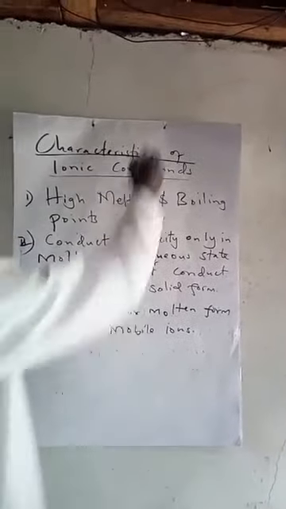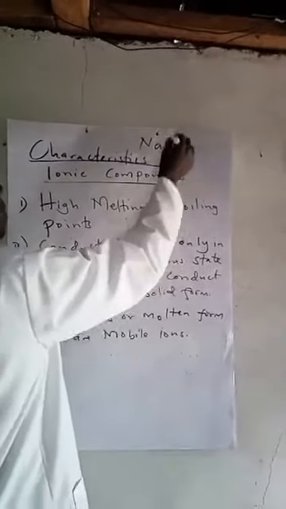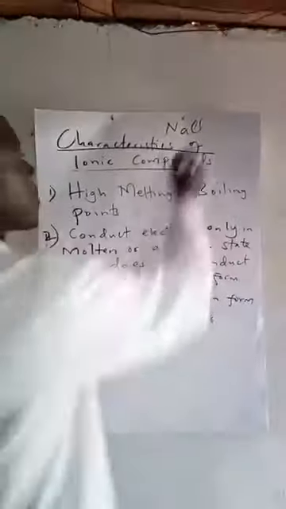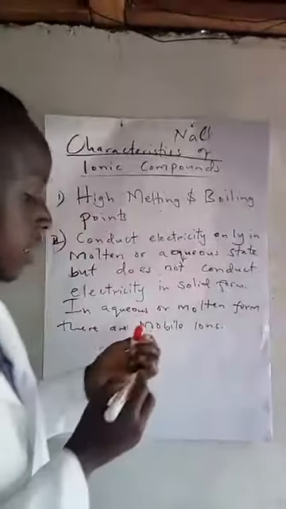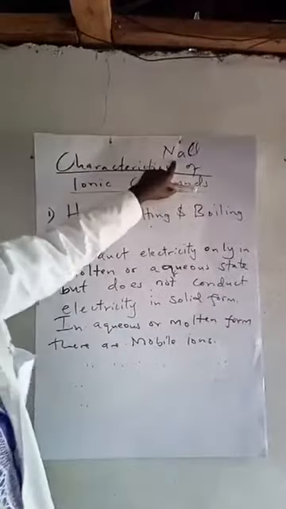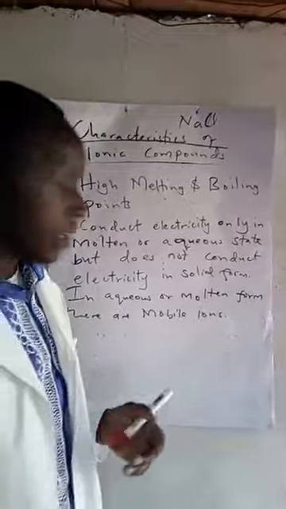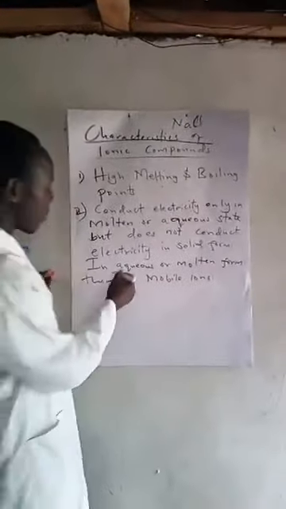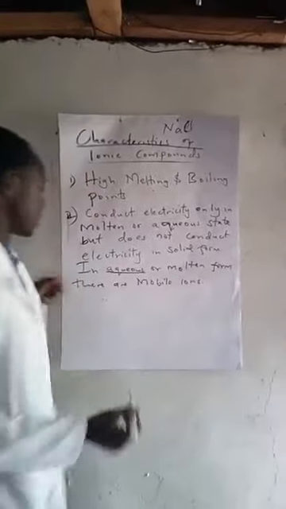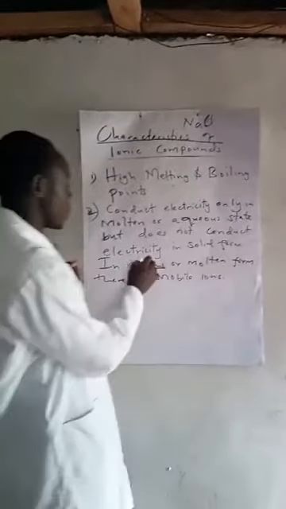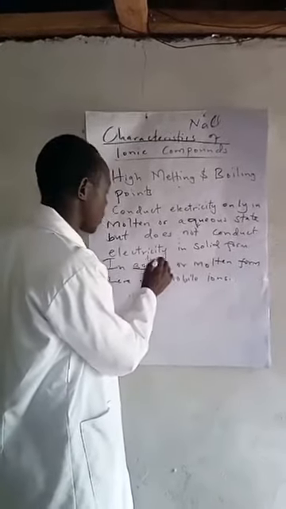For example, we've talked about sodium chloride. Sodium chloride is crystalline in nature. Because it is crystalline, in solid form, there are no mobile ions. But when it is dissolved, that is the aqueous state, when it is dissolved in water.